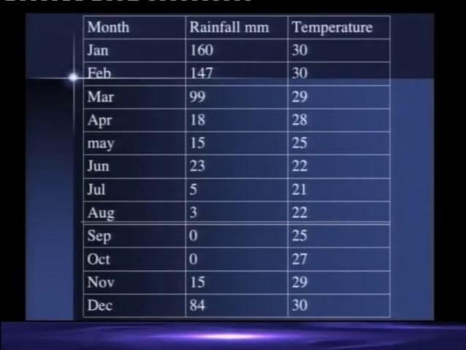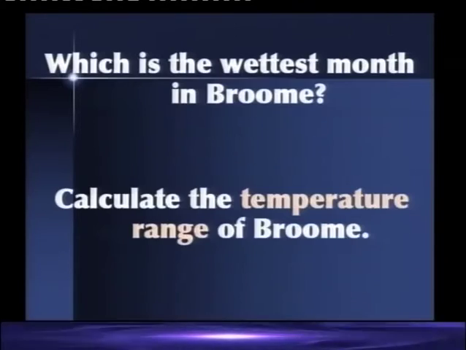Some of you are copying, some of you are not copying the table down. Okay, anyway, like I said, receiving students, you have the data, you have the rainfall readings and temperature readings. Question number 1: which is the wettest month?